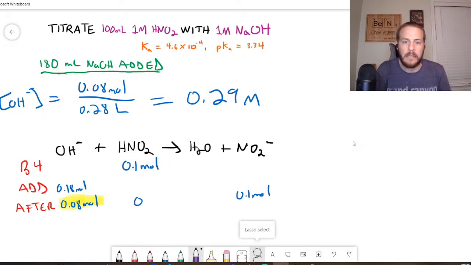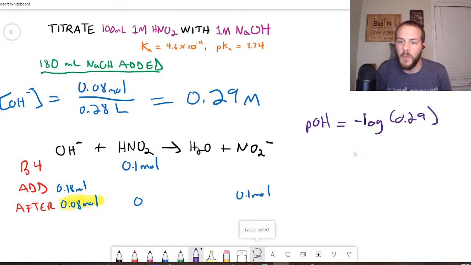We're getting close. To get pOH, all we need to do is take the negative log of 0.29 molar. That ends up being 0.54. That's our pOH.